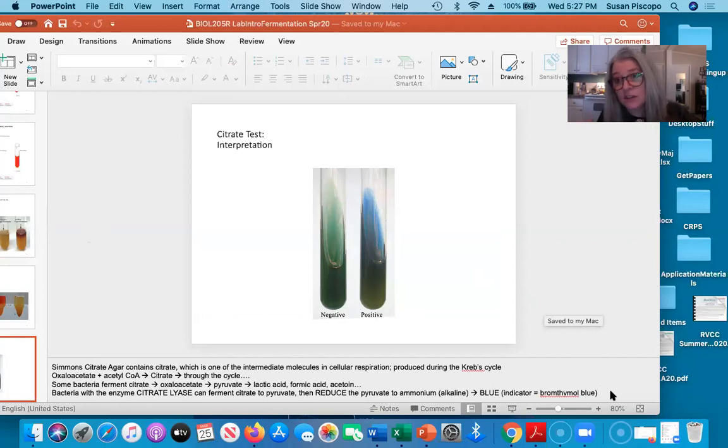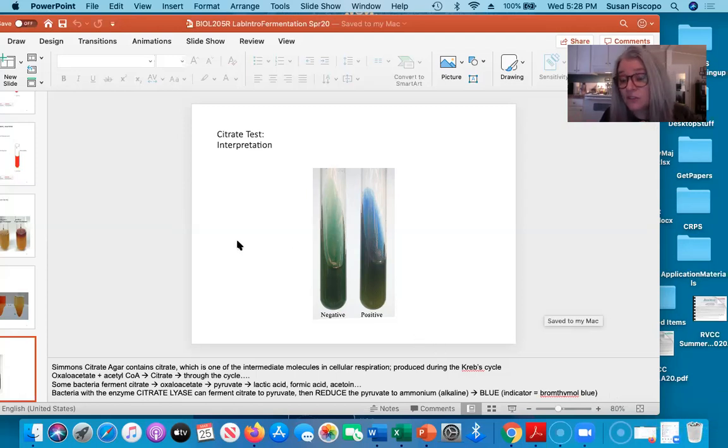Now, the citrate test, I'm not going to get into the details of the chemistry right now. It's in these slides for you. When you go onto Canvas and you open this slide set, when you have a moment, under each slide there are notes, and I've got the details of the fermentation pathway of citrate in the notes for you. But what we need to be able to do is understand how to interpret this test, and that's what this slide is about.